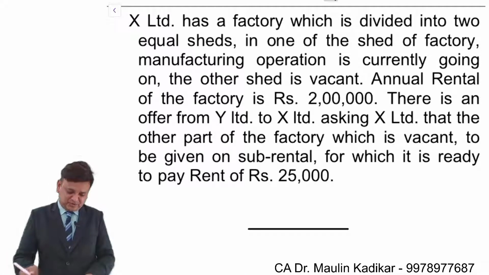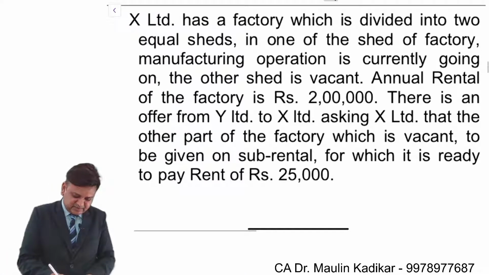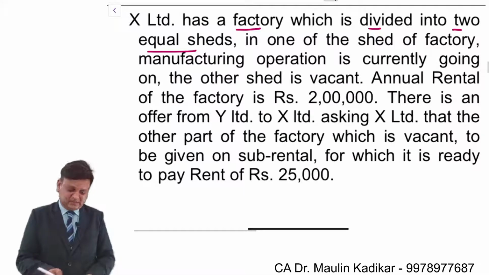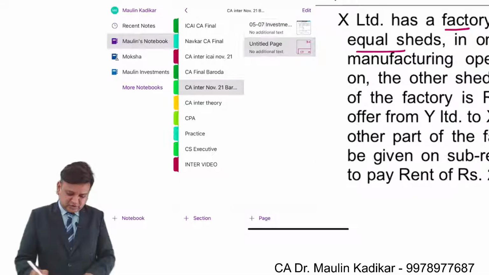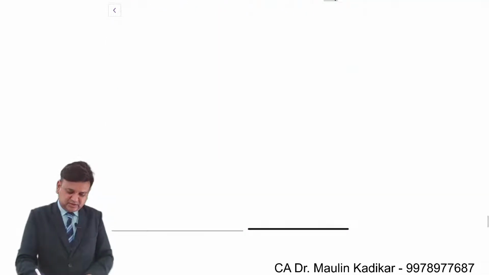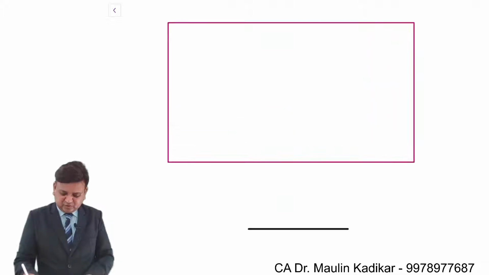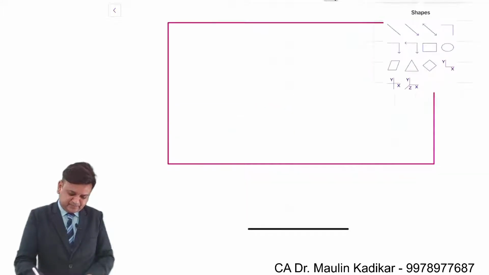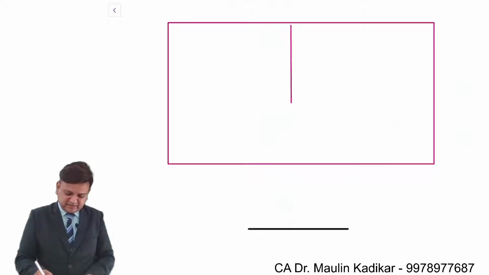Let us see our next question. X Ltd has a factory which is divided into two equal sheds. Information is provided to us that a company has a factory which is divided equally between two parts.